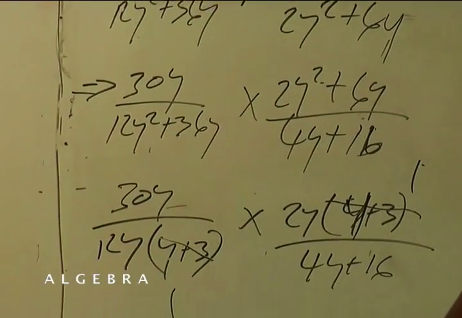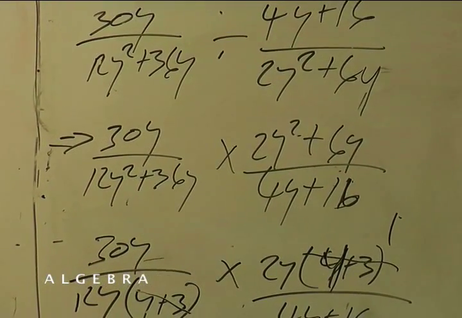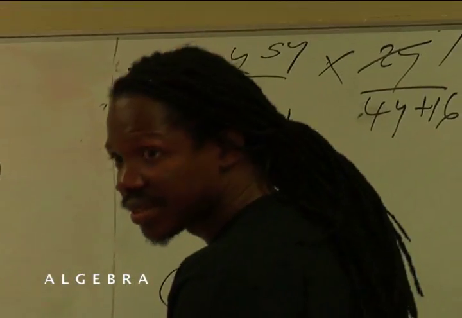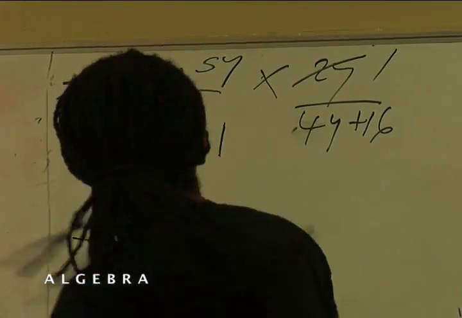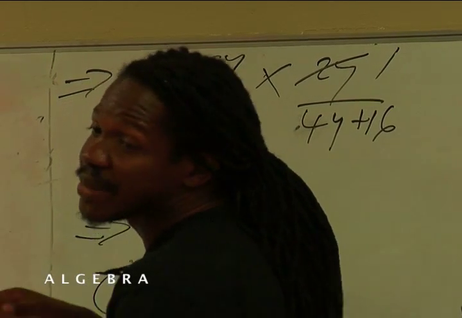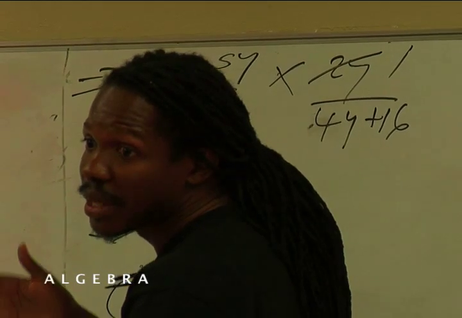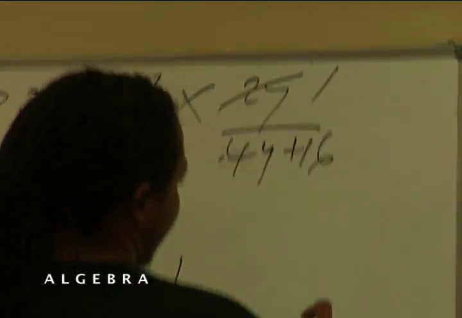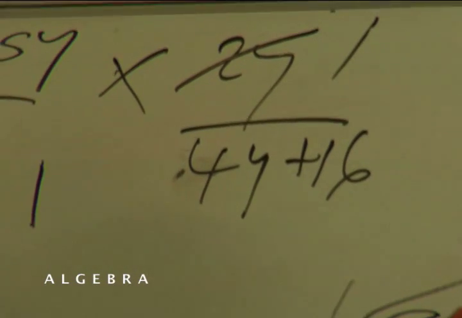But we know that 2y can go into 12y. 2 oranges can go in 12 oranges. Can divide 6 times. So 2y, 1, 2 into 12, 6. But 6 by itself. Because the y cancels y. Because 2y is 2 times y.